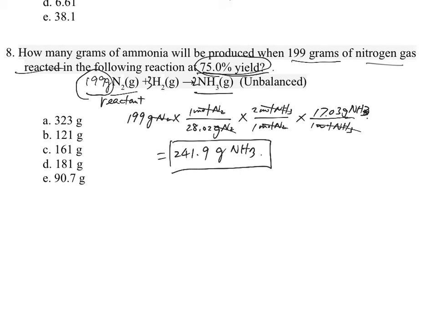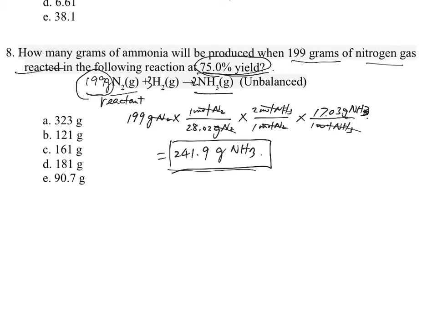Now you've got a yield. What is this yield? This yield you calculated from stoichiometry. Stoichiometry means what? If every molecule within the 199 grams of nitrogen is turning into ammonia, then you're going to get 241.9 grams of ammonia.